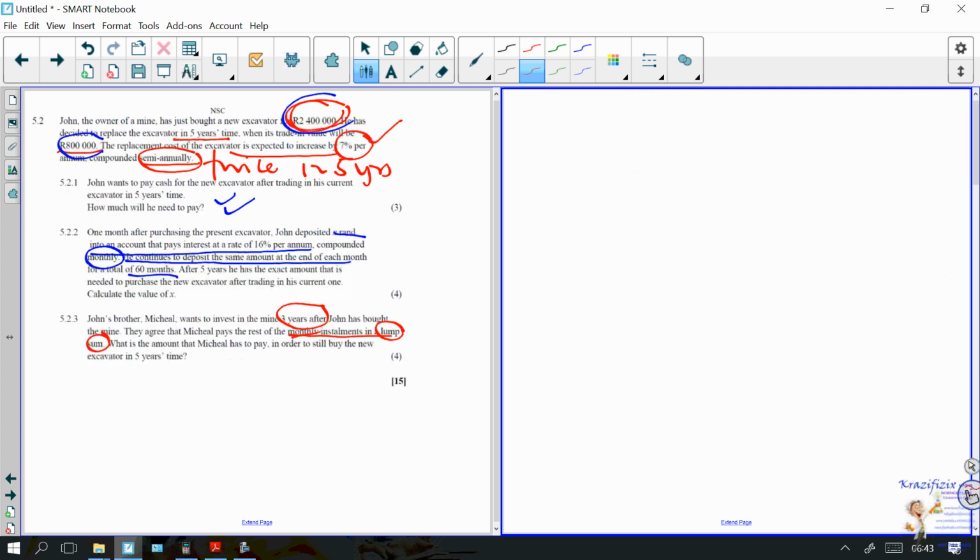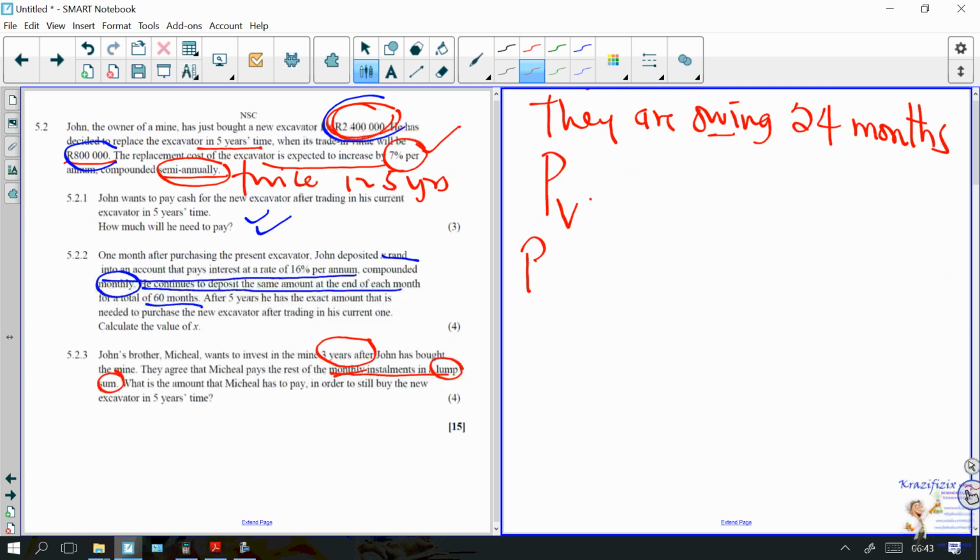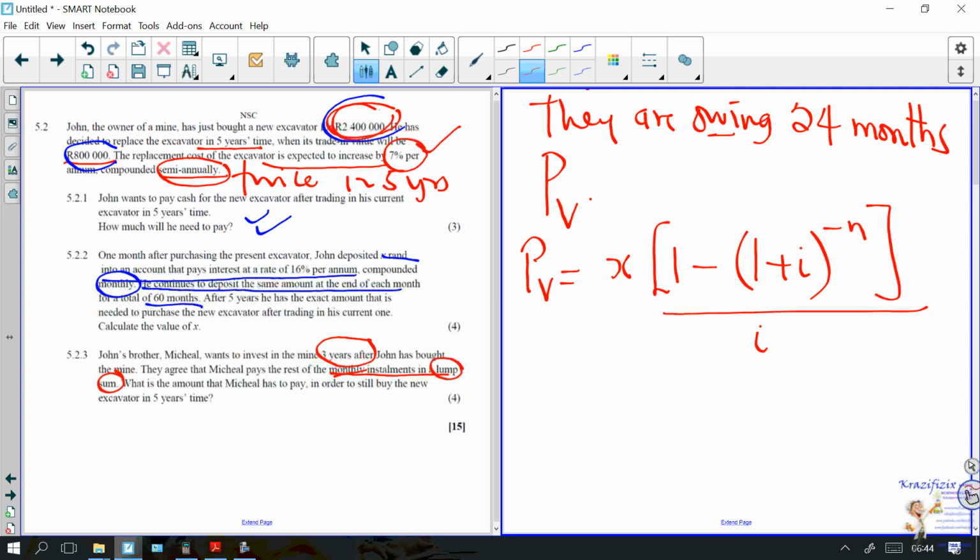All right. So let's calculate. Our PV formula will be equal to X, times 1 minus (1 plus i)^-n, over i. Now, what's my PV? I'm looking for what they owe if they still pay. Remember, they are still paying this amount, right? 1 minus 1 plus, it is still 16%, right?